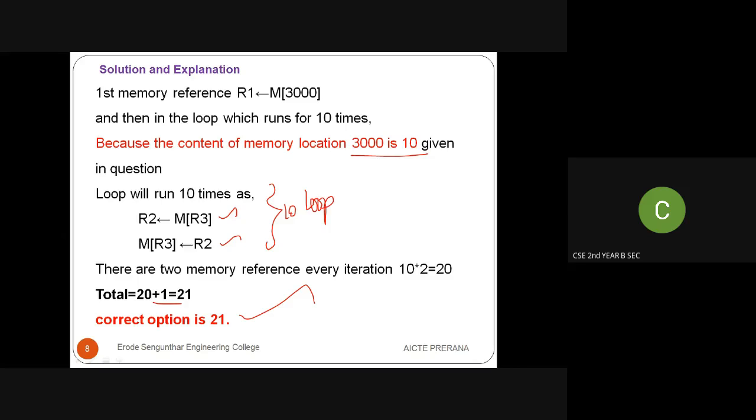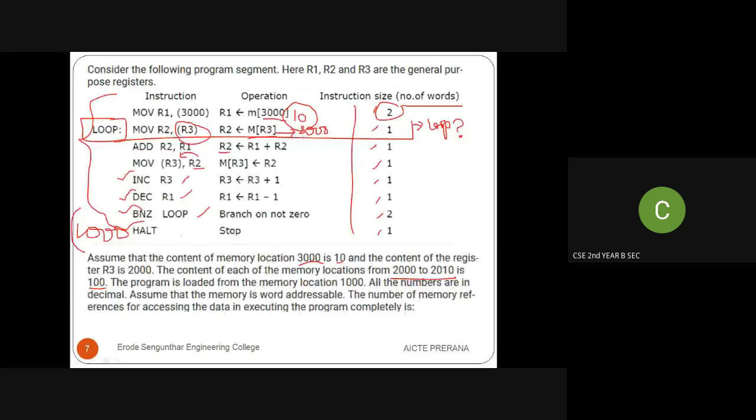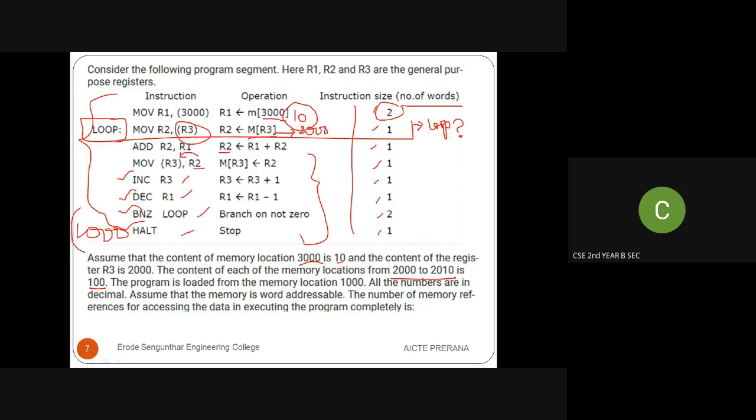In this question, they have given so much data. The increment of R3, decrement of R2, R1, and looping of branch not taken are not necessary, not effective for solving this question.